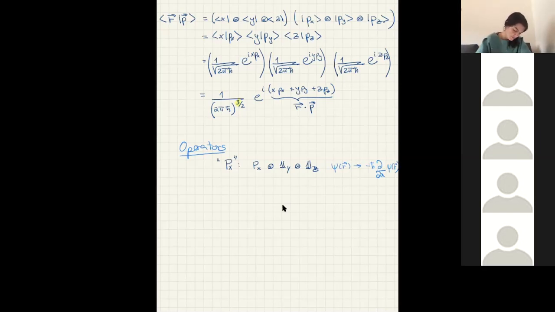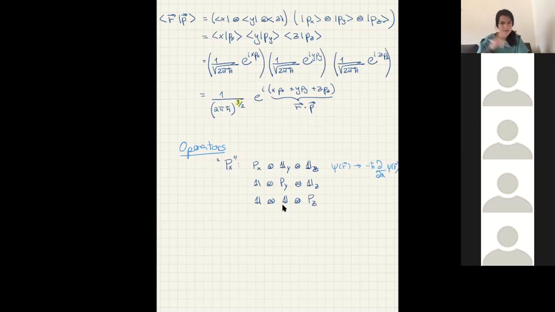Okay, the same way we have py, what is it? It's just putting a py here. And it will act in a similar way, but for y. And pz is this.